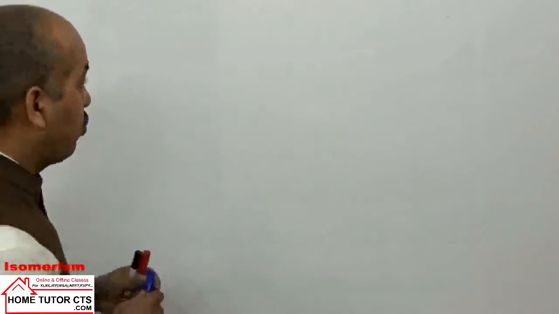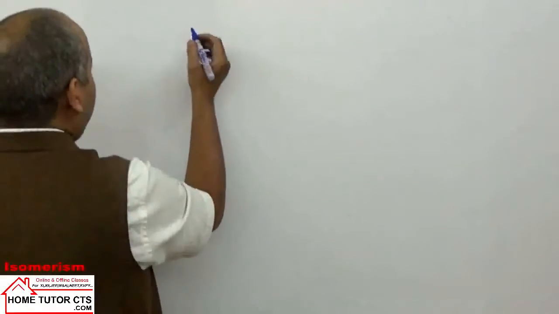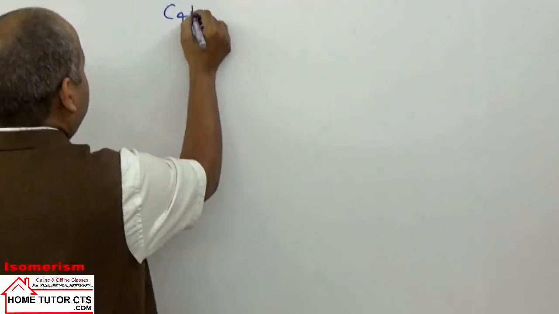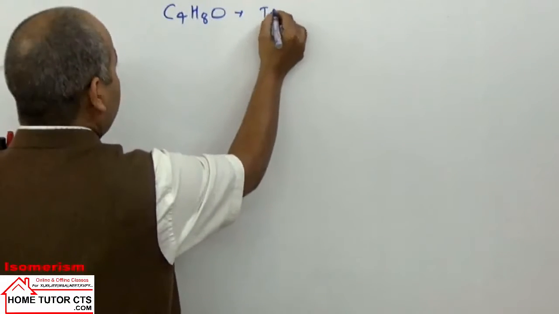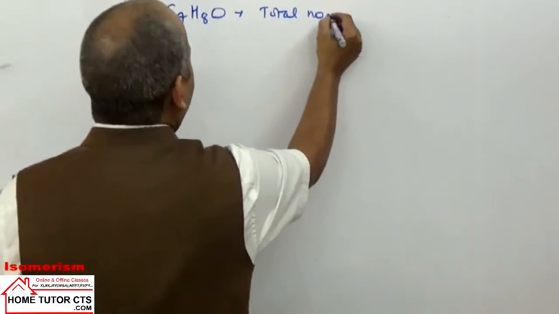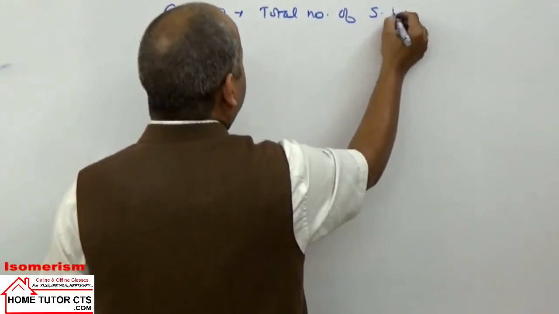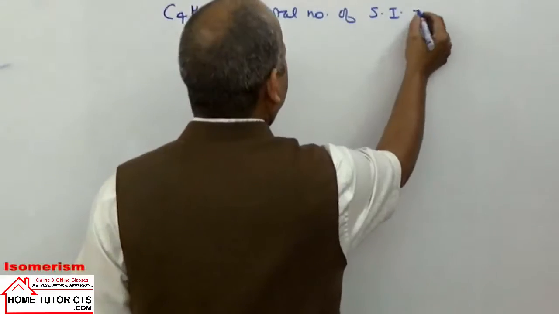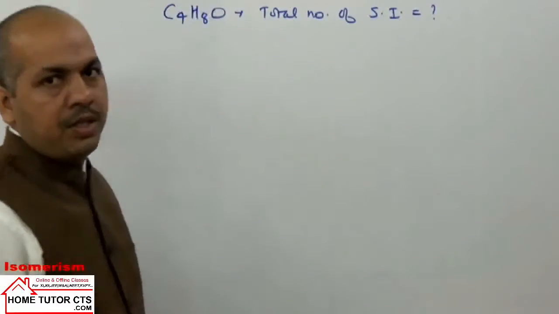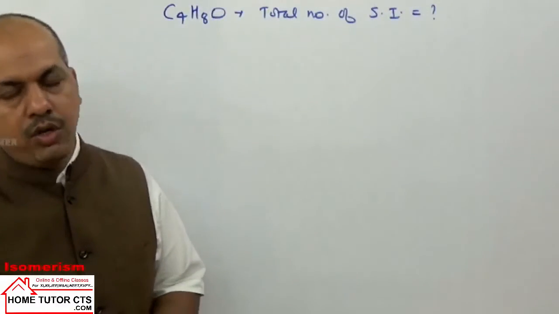Now if I take a question given to you for a compound having formula C4H8O, it will have how many total number of structural isomers you have to find. So try this question yourself.